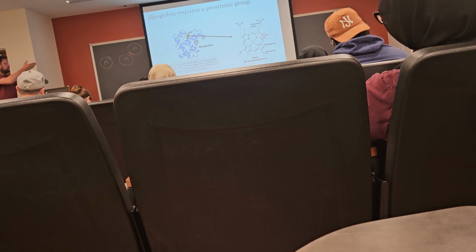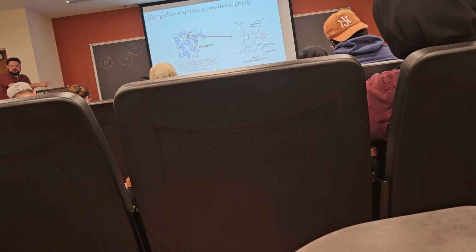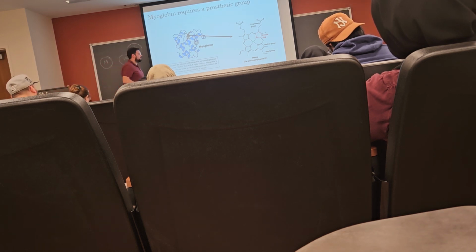In any case with a prosthetic group, the enzyme cannot function without it. And the prosthetic group is not part of the primary, secondary, tertiary, or quaternary structure of a protein. It's not an amino acid polymer at all. It's something else entirely. In the case of myoglobin and hemoglobin, the prosthetic group is what we call heme.